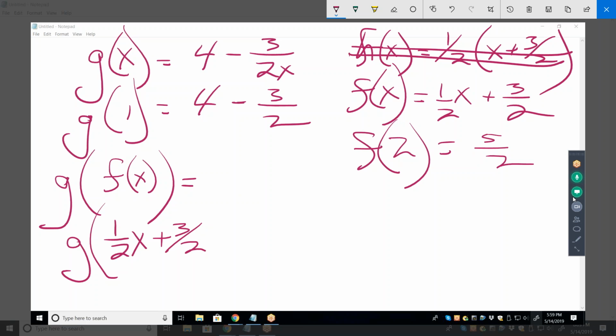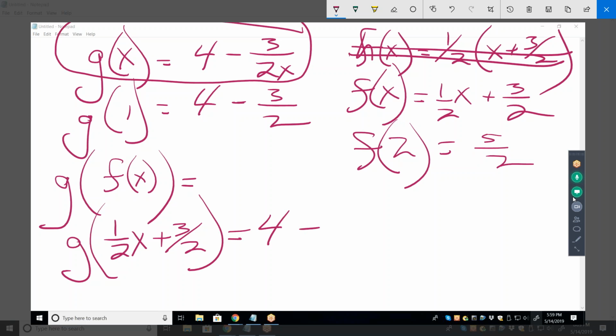In other words, all I do is put in the parentheses what f of x is. Now, what's that equal to based on the g of x function? So it would be 4 minus 3 over 2 times 1/2 x plus 3 over 2. Exactly.